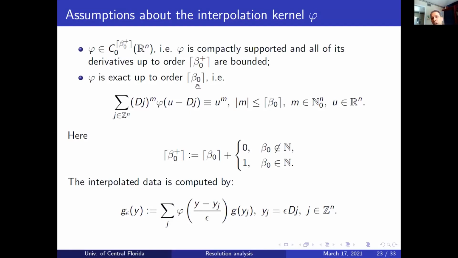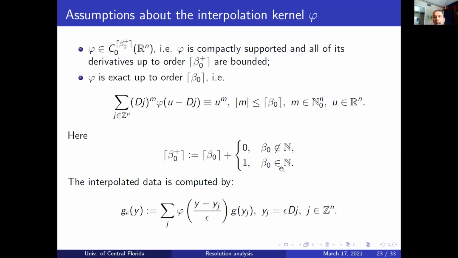Remember, beta naught is the order of the pseudo-differential operator beta. If beta naught is not a natural number, then the ceiling of beta naught and the ceiling of beta naught plus are the same. So phi is supposed to be exact up to the ceiling of beta naught, and it should have the same number of bounded derivatives.